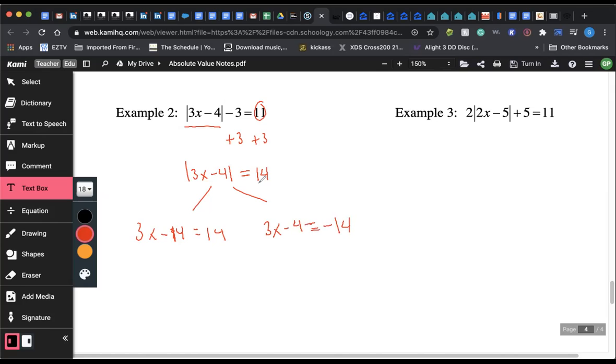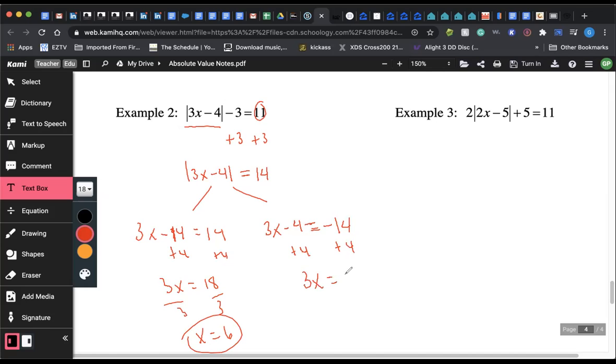I have to do the answers for both without the absolute value. So I will solve both of those, which gives me 3x is equal to 18. Divide both sides by 3. One of my solutions for x is equal to 6. And then add 4 to both of those.